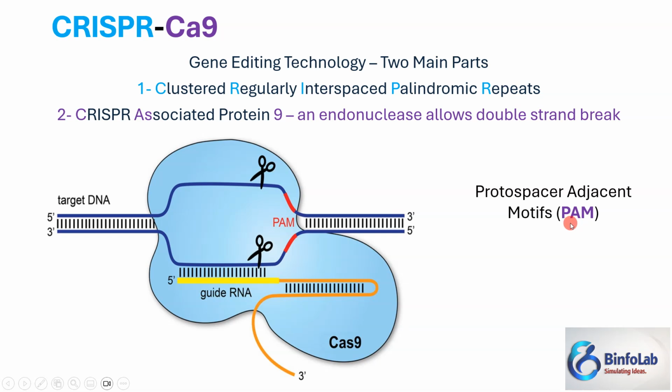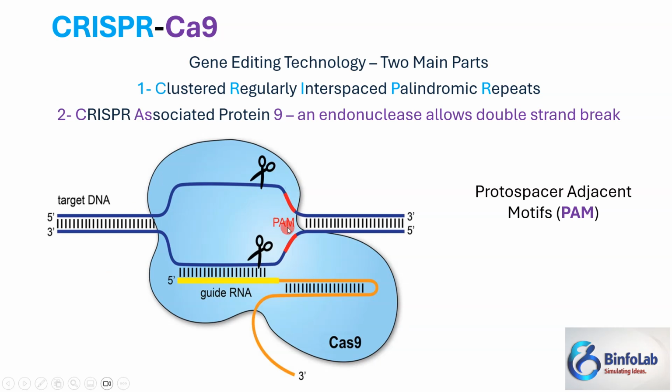PAM is a combination of three to five nucleotides or base pairs, and it is important that upstream of your target region, you find those PAM nucleotides, those three to five base pairs.